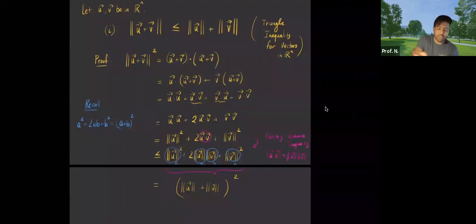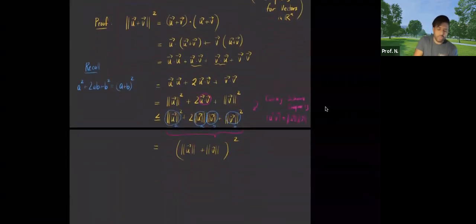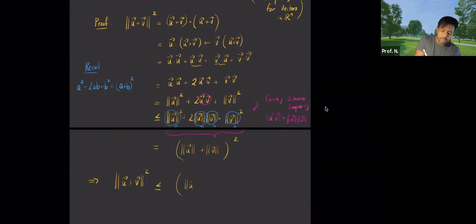And so now what did I just show? What I showed was that the norm of u plus v squared is less than or equal to the norm of u plus the norm of v quantity squared.